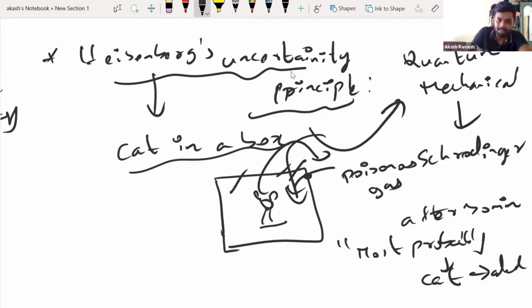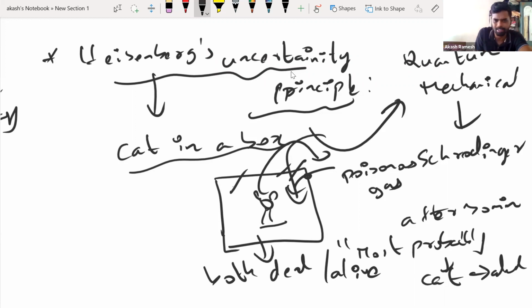Unless and until you open the box, you cannot tell. If the box is closed, the cat is in a state where it is both dead as well as alive. What I'm trying to say is that there are some chances that the cat might be dead, or some chances that the cat might be alive.